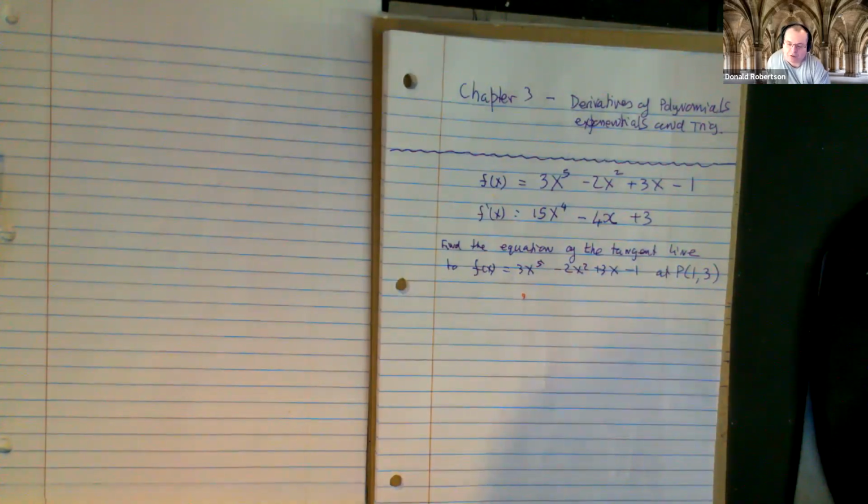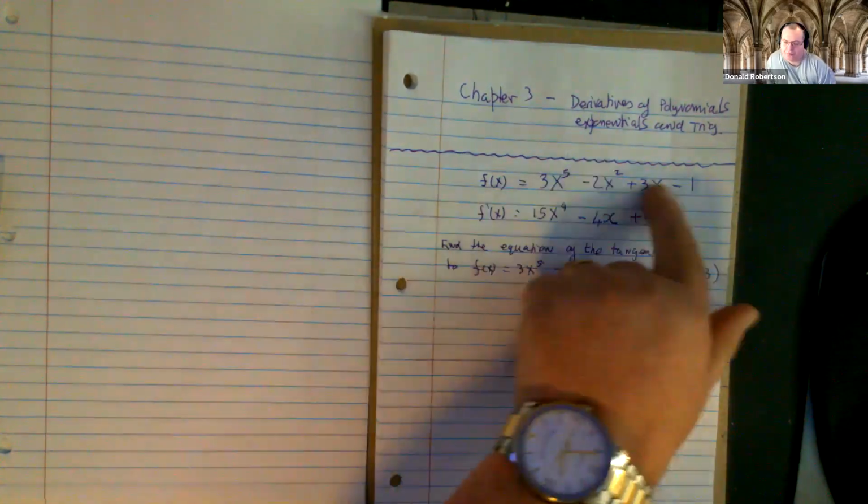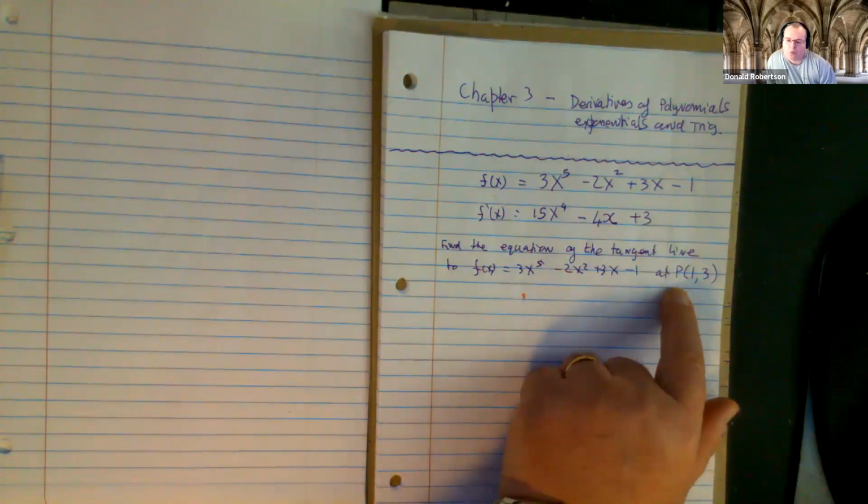So I've defined the equation of the tangent line to this polynomial at the point 1, 3.